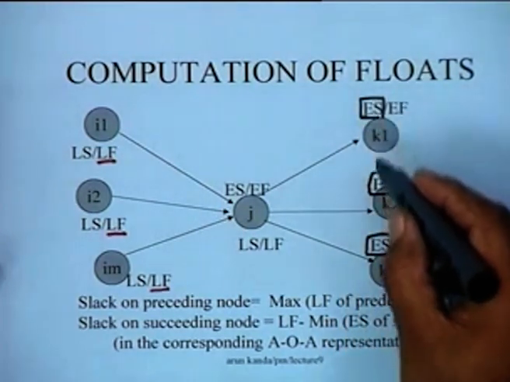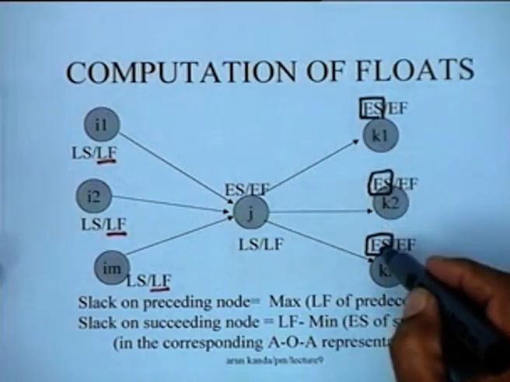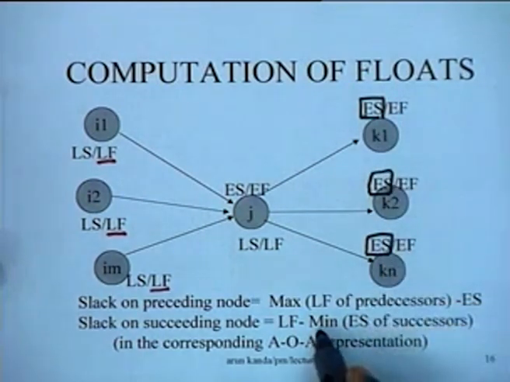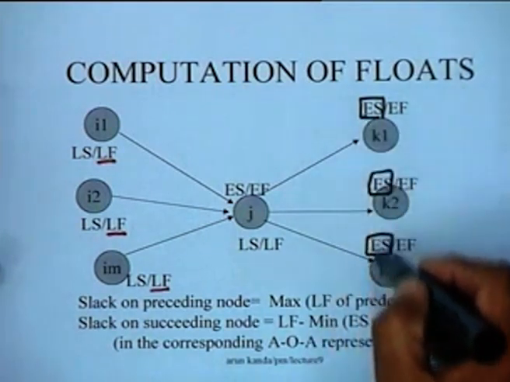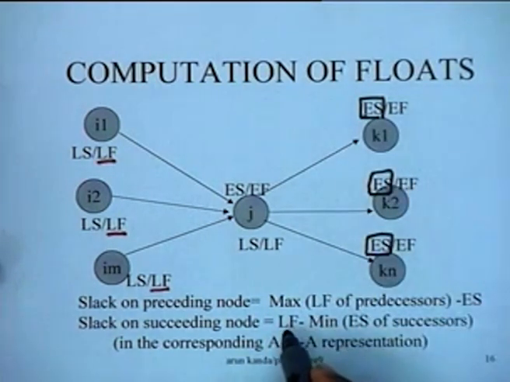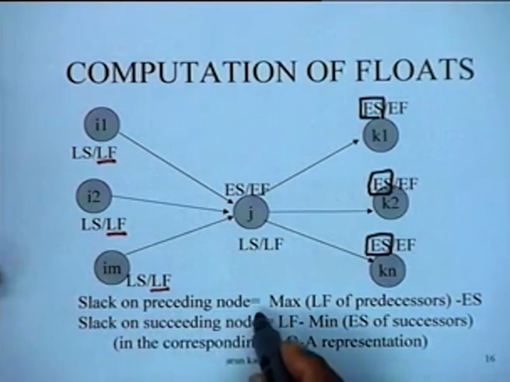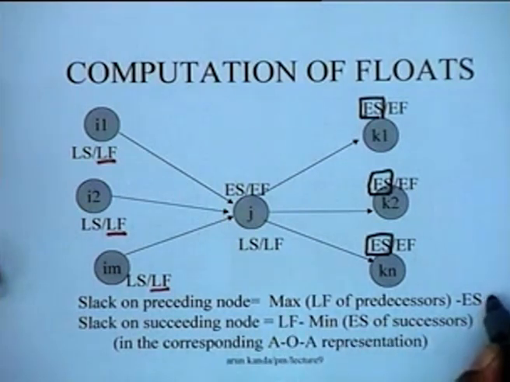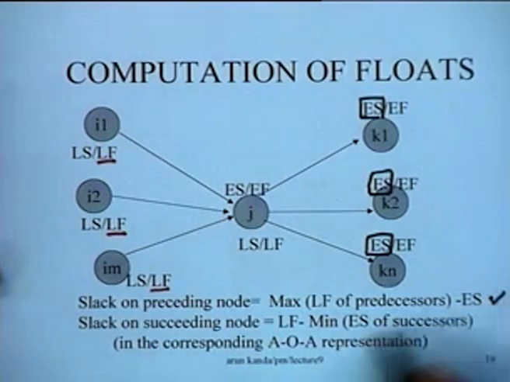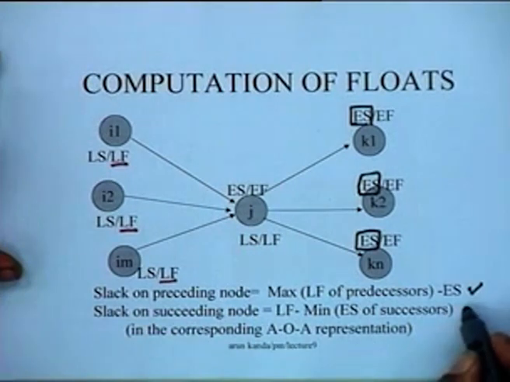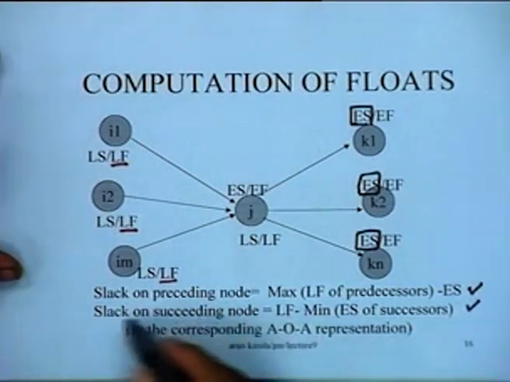And all these values, we find out the minimum of these, and the minimum of the ES of successors would in fact give me nothing but the Ej value in the corresponding AOA representation. So I have a means of computing the slack on the preceding node by using this particular formula, and the slack on the succeeding node by using this particular formula.